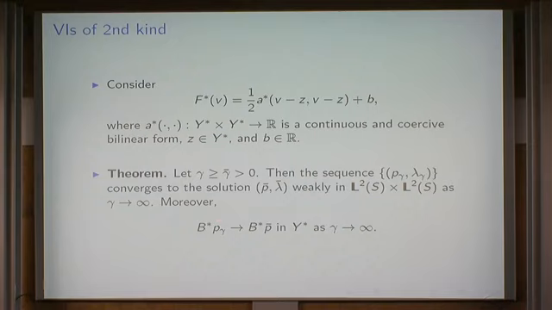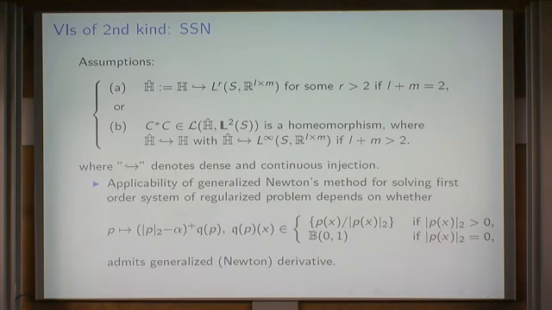But otherwise we just get again that the dual solution converges in this sense here. So we have the B star acting on this dual solution P gamma, and it converges to the B star of the dual solution of the original dual problem without the regularization. So this is a kind of consistency consideration, still valid as before for variational inequalities of the first kind.